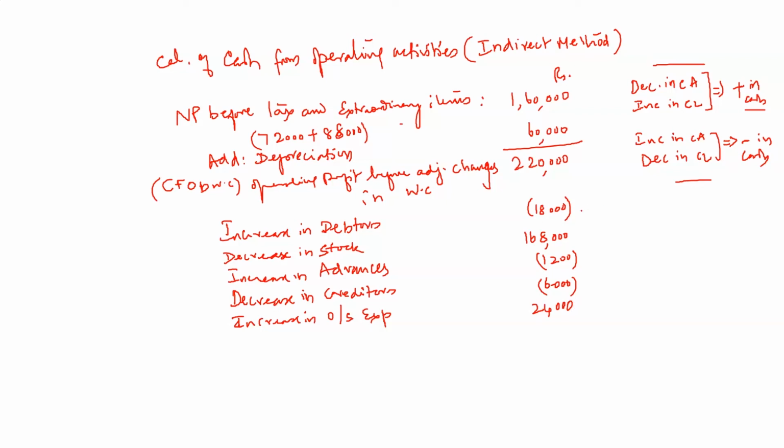So all minuses put together is 19,200. All plus items put together 1,92,000.